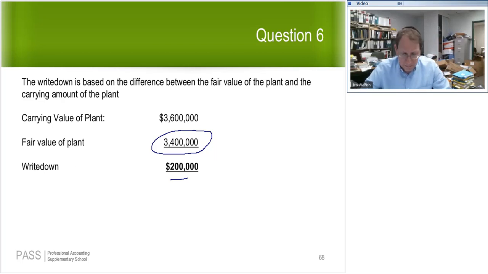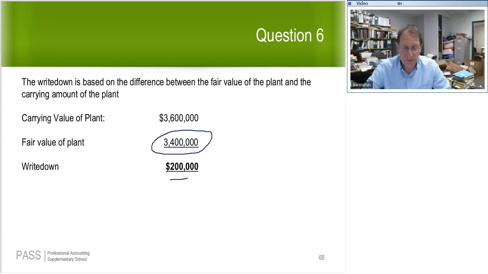What's the lower of cost or net recoverable amount? In this case, it's 60,000 versus 65. So the answer is 60. That has really nothing to do with this section. Yes, it's included in my group, but I'm writing it down based on the inventory section of the handbook. So I don't have anything to show you for number 7. The answer is A.